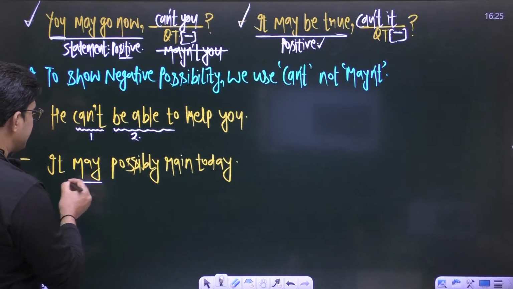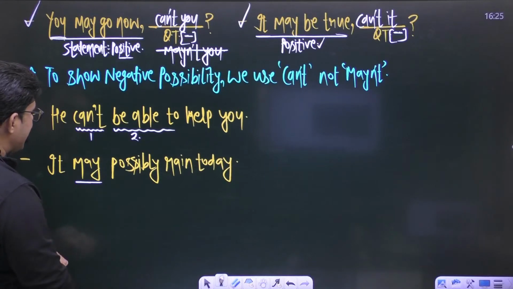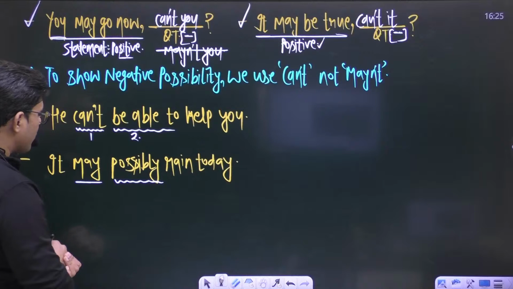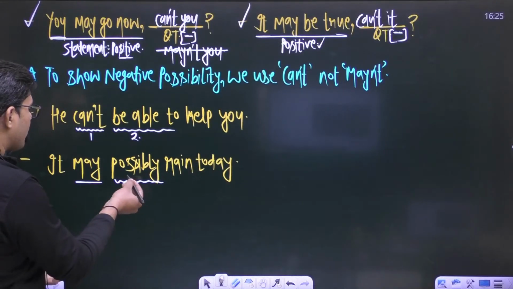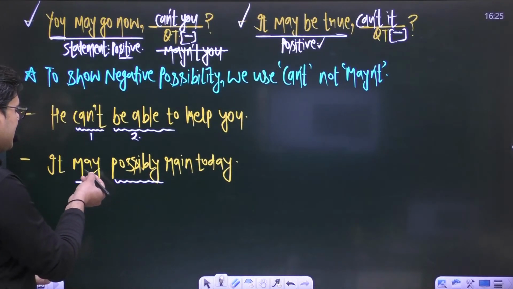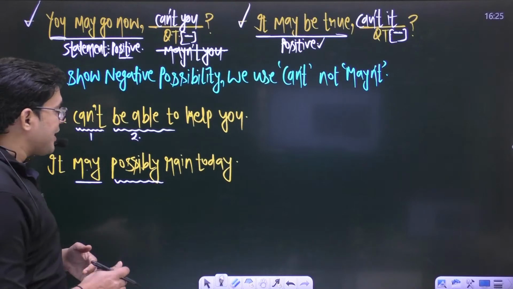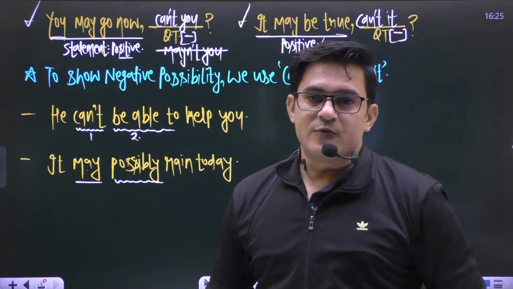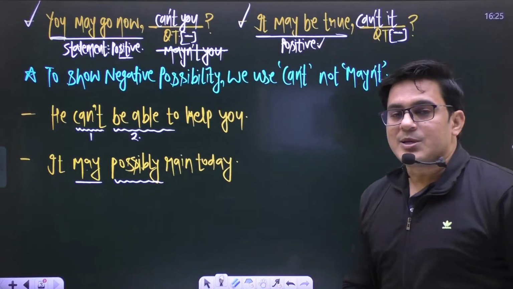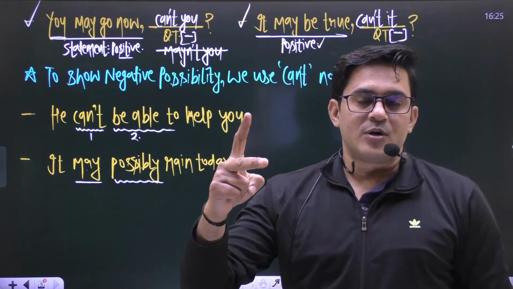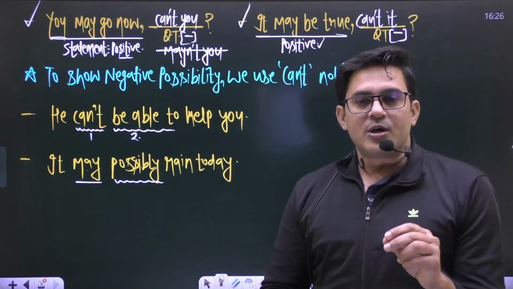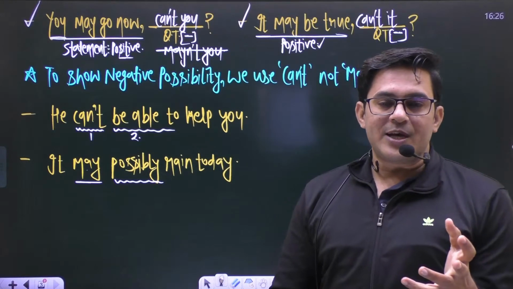Similarly, in the next sentence, you have a modal auxiliary verb may, and again you have a word possibly, and the meaning of both the words is similar. Actually, modal auxiliary verb may is used to show possibility in a sentence. We know it very well. So the concept is two modal auxiliary verbs cannot be used together in a sentence.